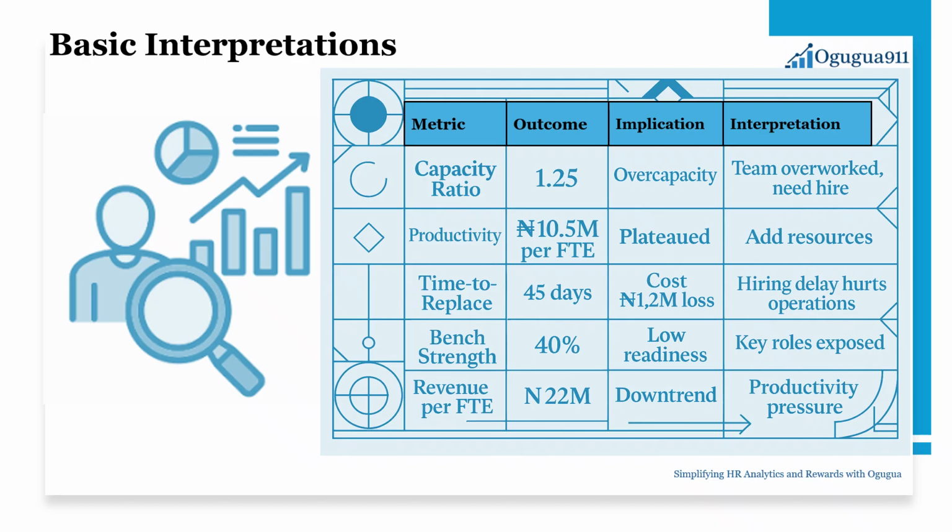Then in the event where your time to replace is significantly high, it definitely costs money and it is measurable. For succession bench strength, when your readiness level is low, say at 40%, it means that key roles are exposed and you need to quickly recruit and replace. For revenue per FTE, when there's a downward trend, that is actually a pressure on productivity.